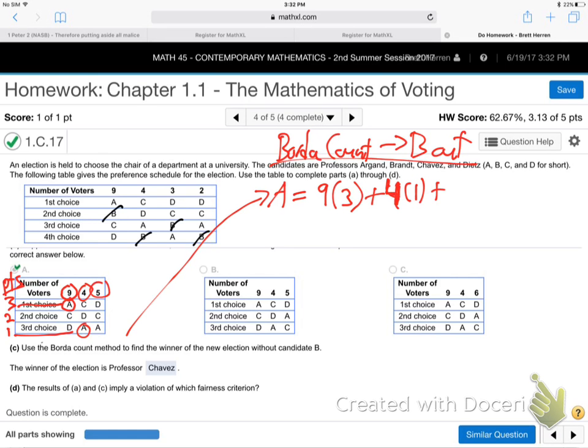And these 5 people put A last, 1. Is that 36 points? So A gets 36 points. Is that okay? Am I racing ahead? Can you do B now? No, B's out. No, we can't do B. How about C? Can we do C in the Borda count? So go back and do C now.